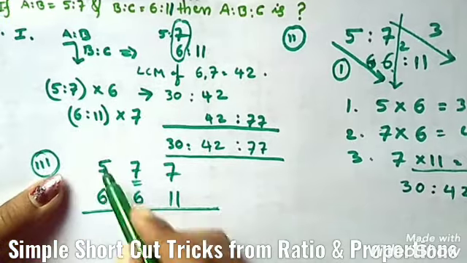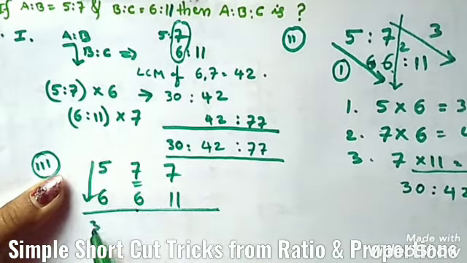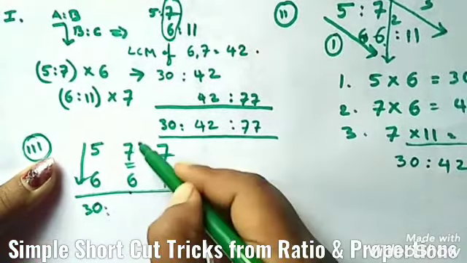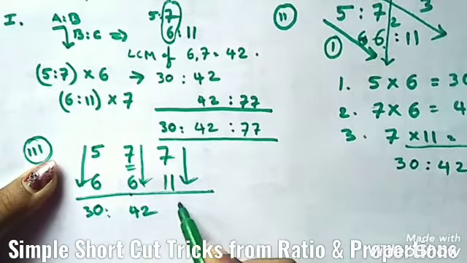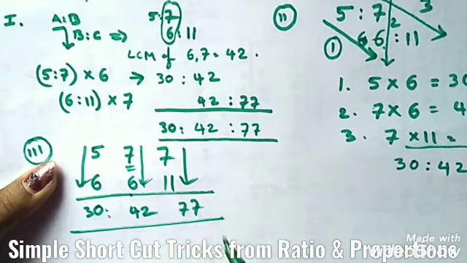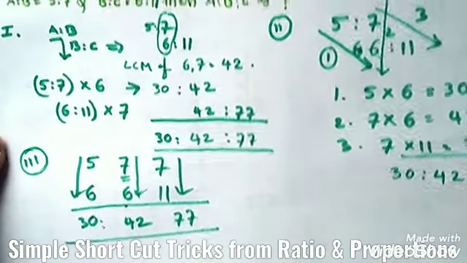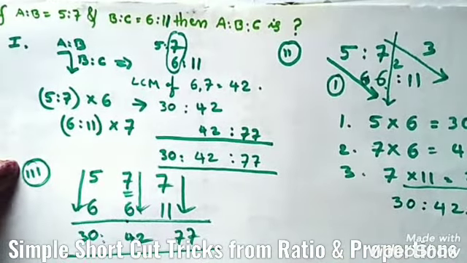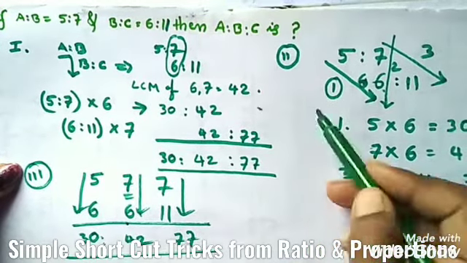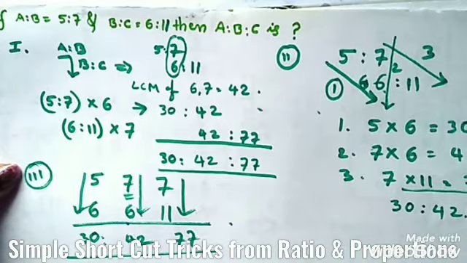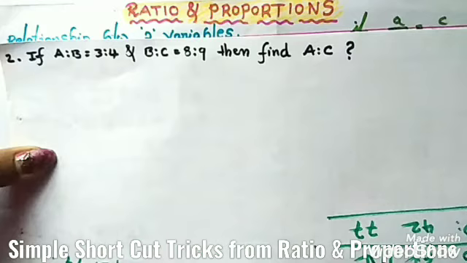Now 5 6s are 30, 7 6s are 42, 7 11s are 77. This is the answer. Simple. So this question can be solved by using these 3 simple tricks. You have to select any one of them. Right.